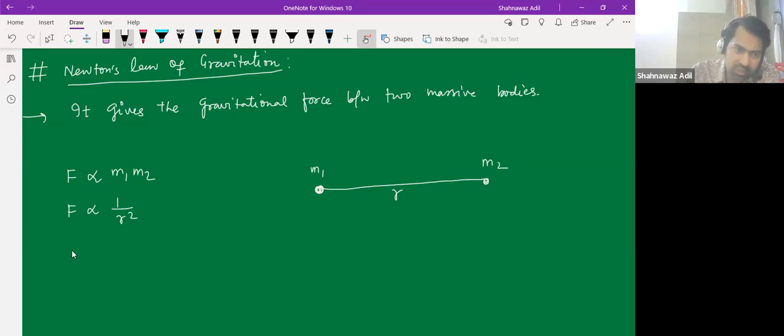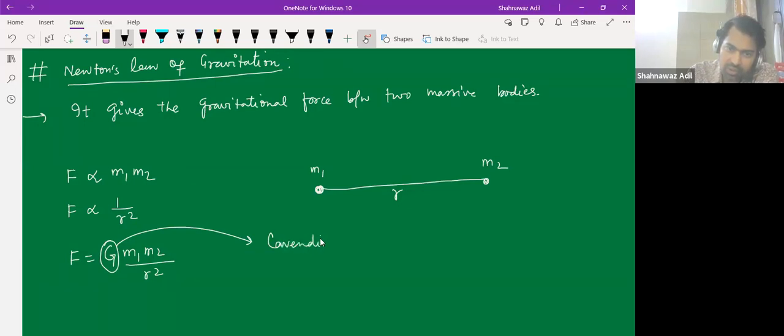When we remove the proportionality sign, there will be a constant, and this constant was figured out by Cavendish. Henry Cavendish calculated this value of G, and he found that G is 6.67 times 10 to the power minus 11 newton meter square per kg square, right?